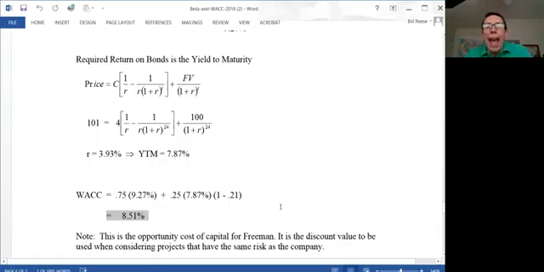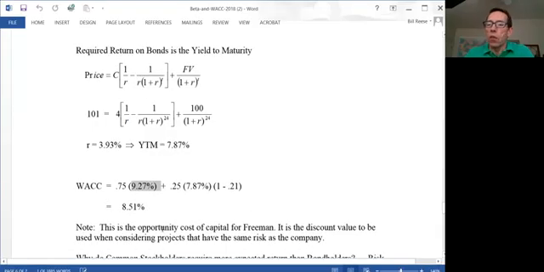So what we've done is we've averaged together this 9.27% that the stockholders require and this 7.87% that the bondholders require, except that it is the cost of capital, and the cost to us is 7.87% times 0.79.